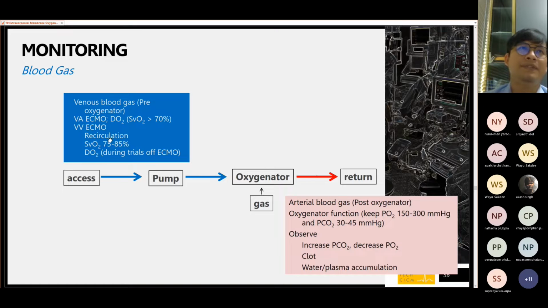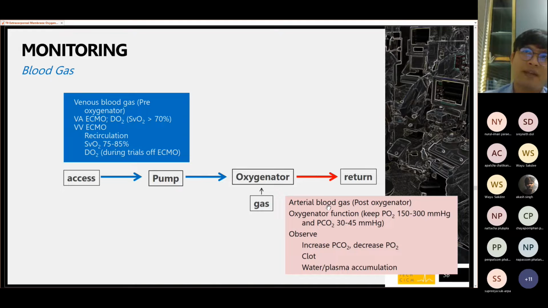And we also need to observe the venous blood gas before and during the weaning of the pump, weaning of the ECMO. In terms of arterial blood gas, the blood gas analysis from the already exchanged blood, normally we observe it for the oxygenator function, to investigate whether the membrane is still working.